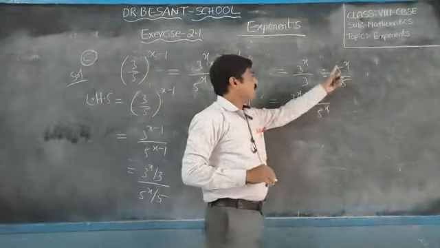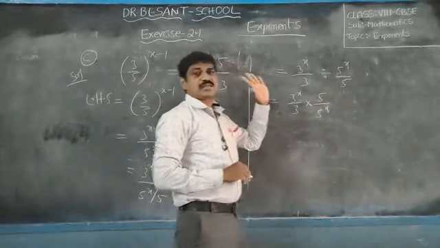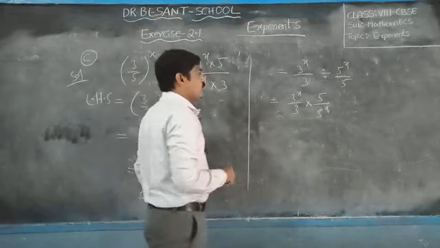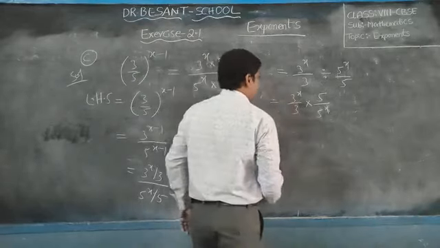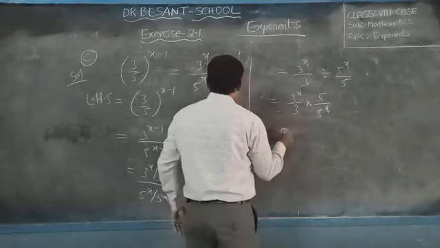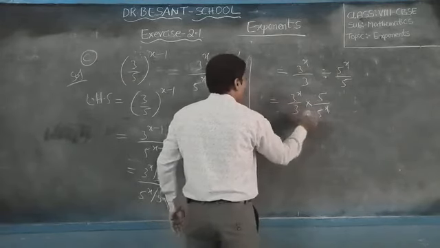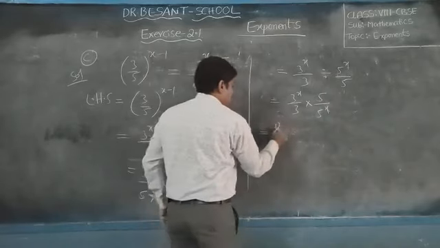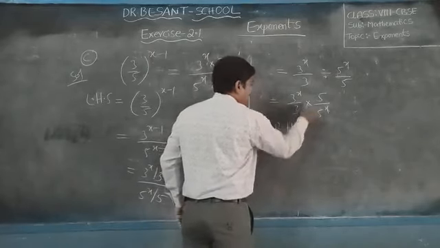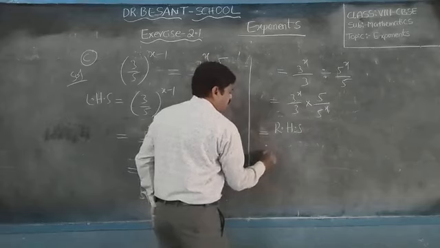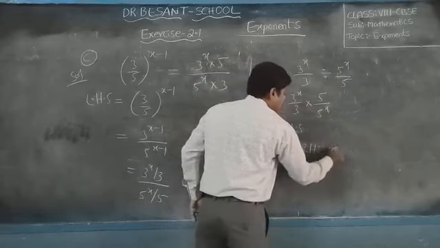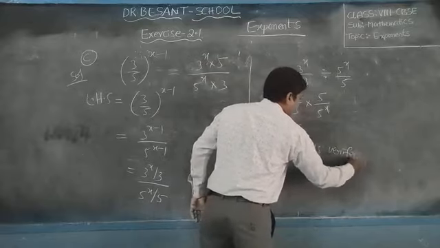So that's why this one reciprocal, 5 by 5 power x. Numerator goes to denominator, denominator goes to numerator. That is equal to 3 power x into 5 by 3 into 5 power x. So that's why this is RHS. Therefore, LHS is equal to RHS, verified.